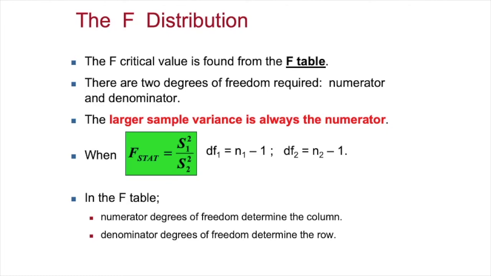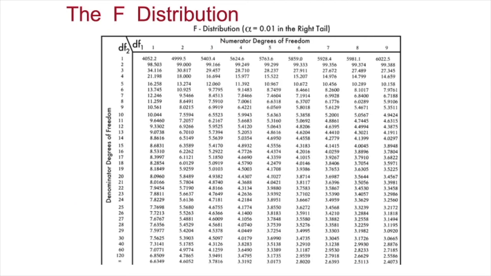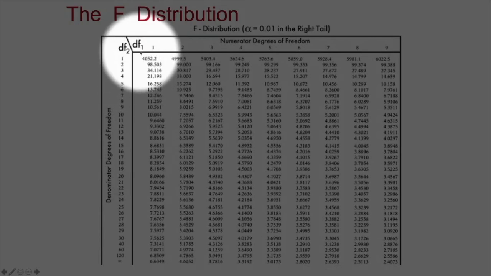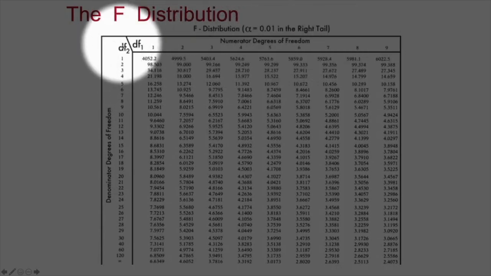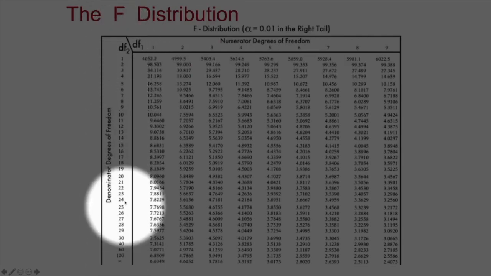So in your F table, the numerator degrees of freedom are the columns, and the denominator degrees of freedom are the rows. I'll show you that right here. As you see here, you have df1, so this is the numerator degree of freedom, and this is df2, the denominator degree of freedom.